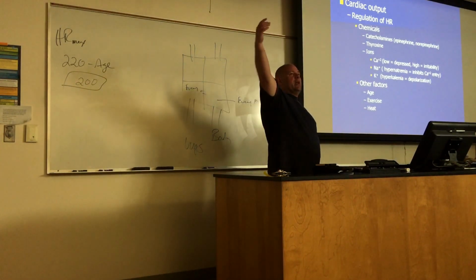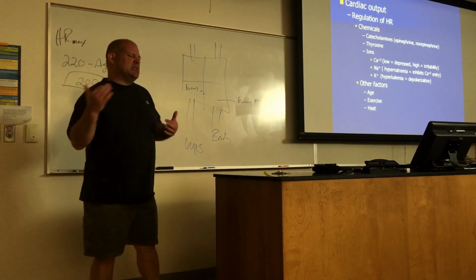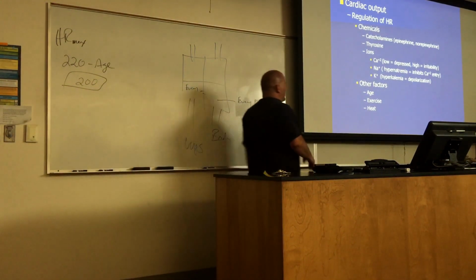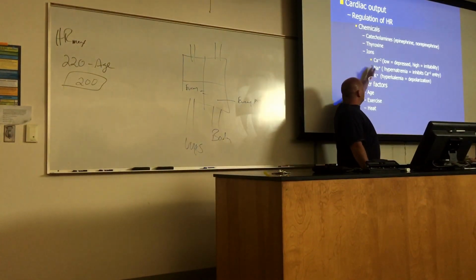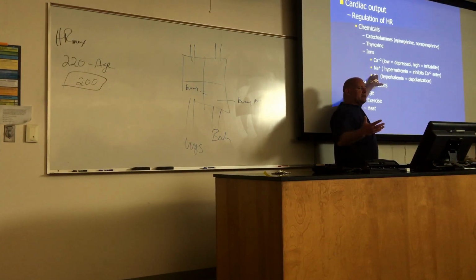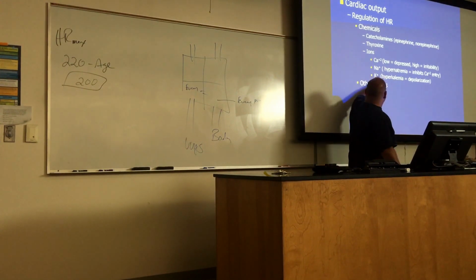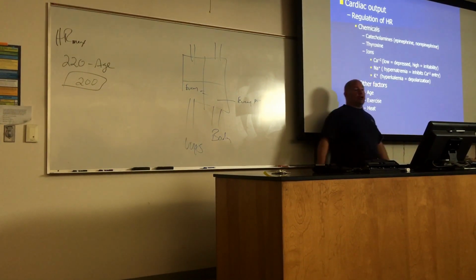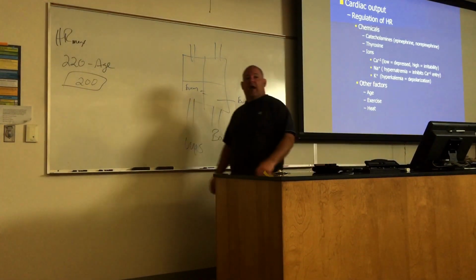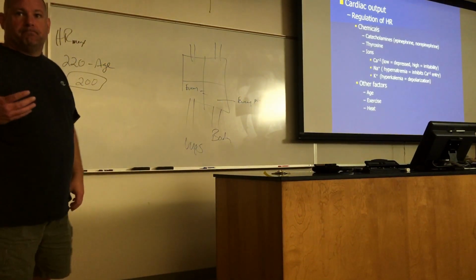If I have an increased amount of calcium on the outside with cardiac cells, it depends on which cells we're talking about, because there is some relationship between the level of calcium and sodium channels. So that's why you don't really need to get into the nitty-gritty of this. I just want you to know that our ions are electrolytes, things that when you put them in solution, carry a charge. That's how you have an electrolyte. They can affect my heart rate.